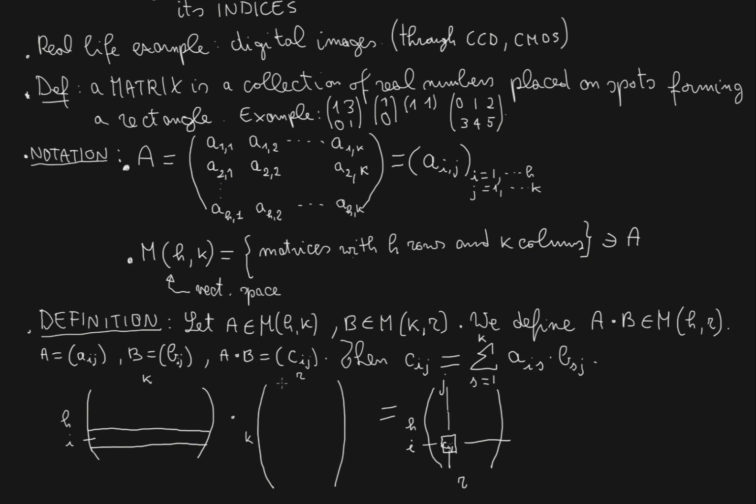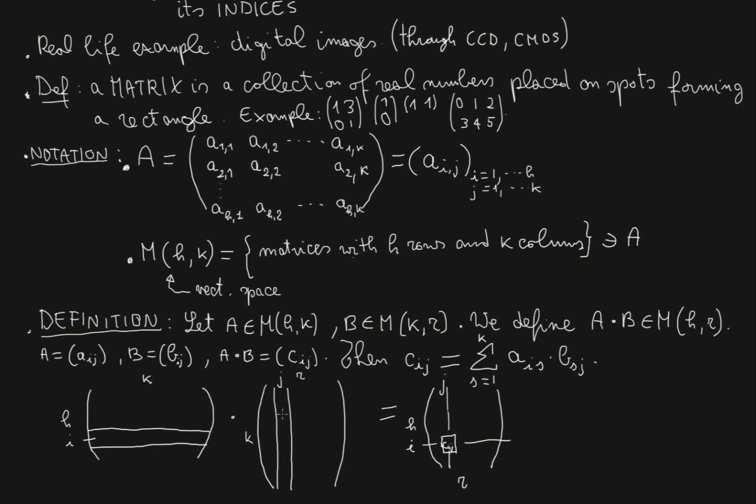The jth column will be somewhere here, and varying the first index means that we will be running through all the coefficients of the jth column. These will be the coefficients used from the matrix B to compute the product. So coefficients from here, matrix A, and from here, matrix B.